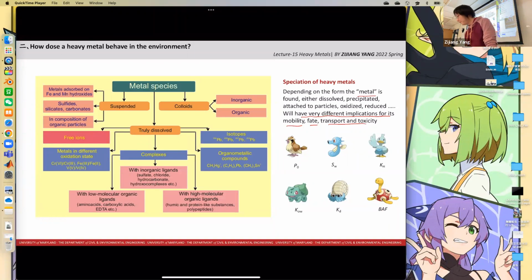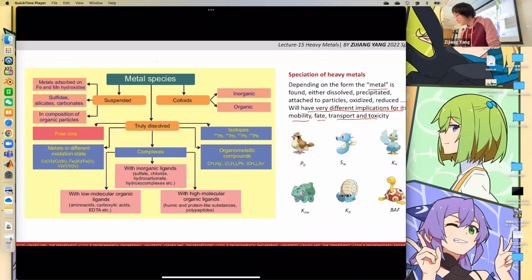So if we have a metal species, it may generally have 3 forms. It can be attached to suspended particles, it can form colloid, and it can also be truly dissolved. And when it is truly dissolved, it can be free ions. So basically, this is bad.